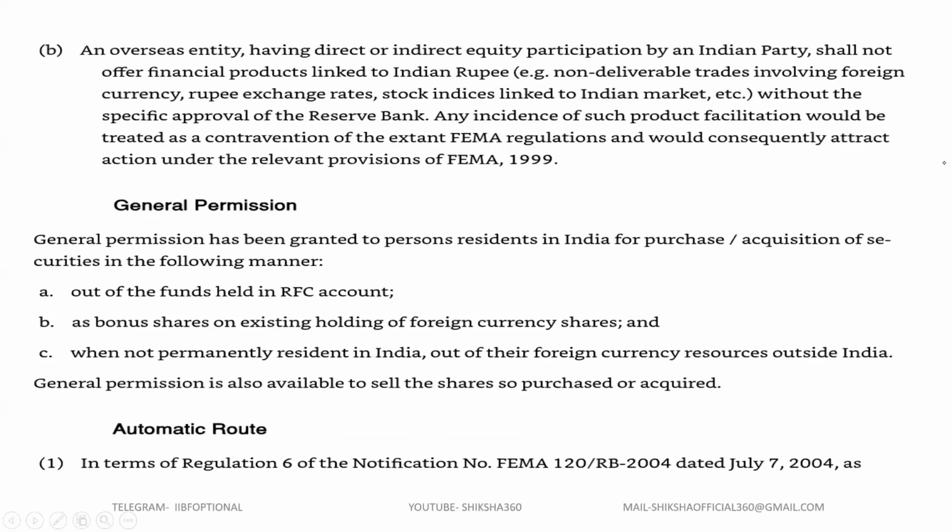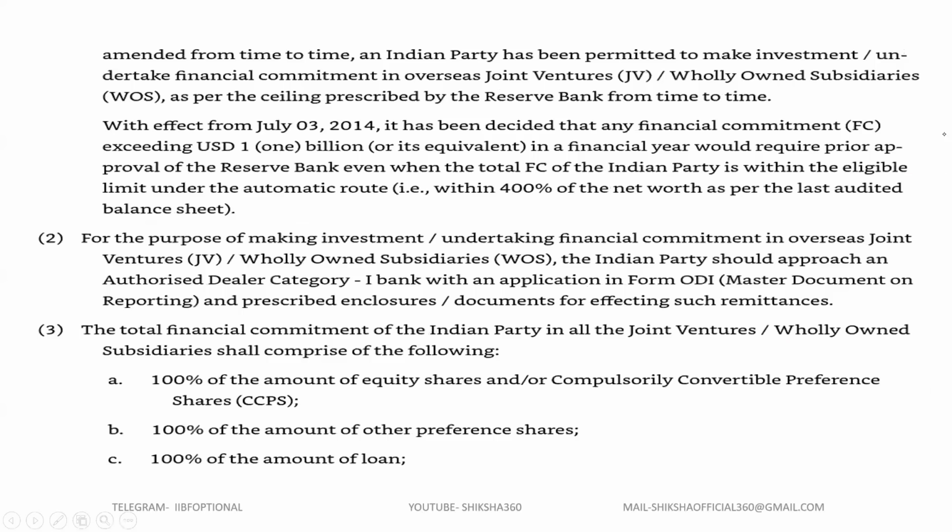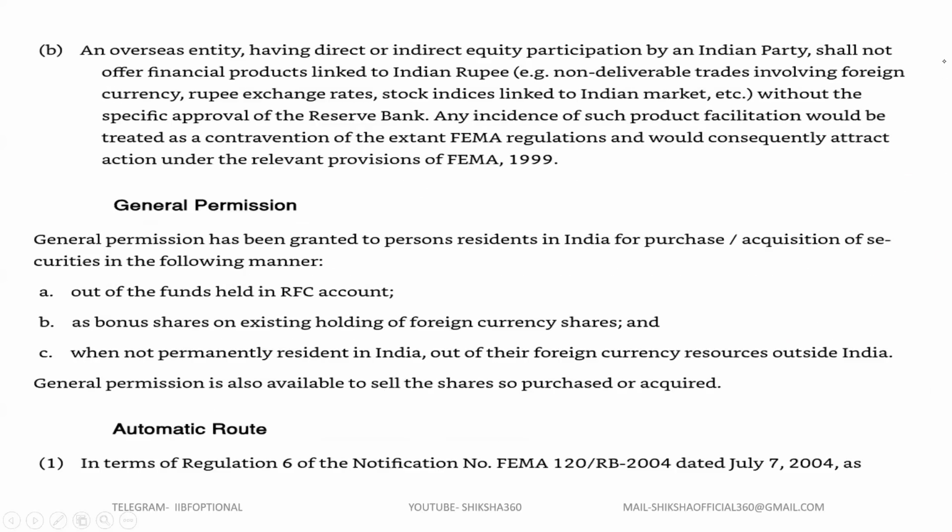An overseas entity having direct or indirect equity participation by an Indian party shall not offer financial products linked to the Indian rupee without the specific approval of the Reserve Bank of India.